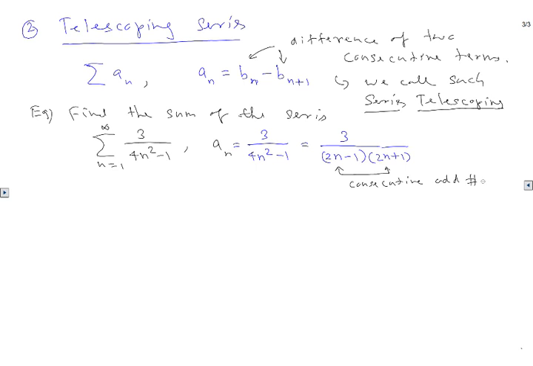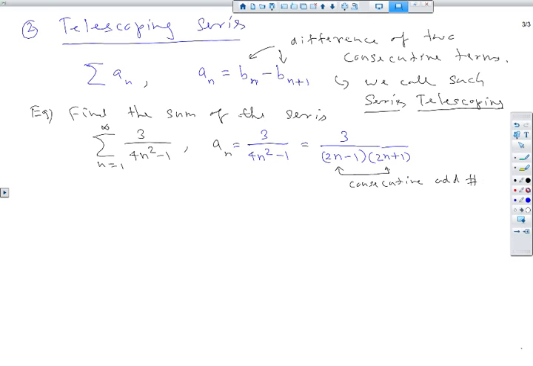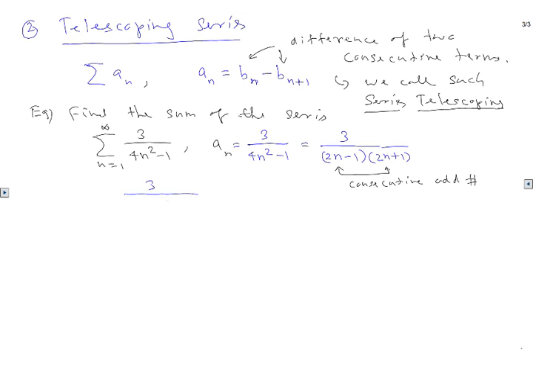So since they are consecutive, we can go with the argument, because you may be able to write this as a difference of two fractions. So what we're going to do is use the partial fraction method. So we're going to assume that 3 over (2n minus 1)(2n plus 1) is identical to A over the larger one, plus B over the smaller one.